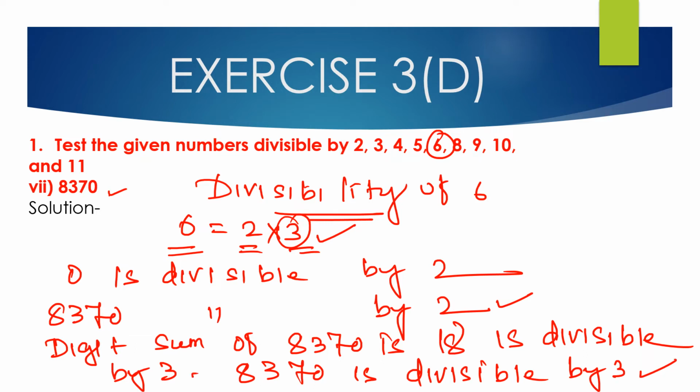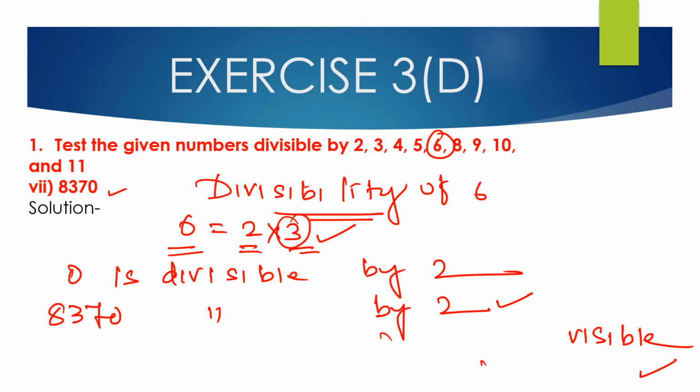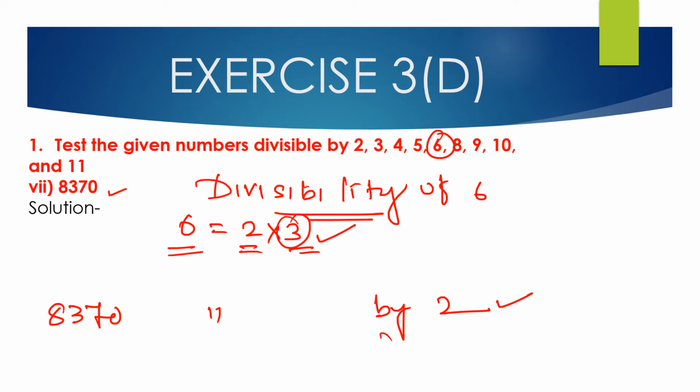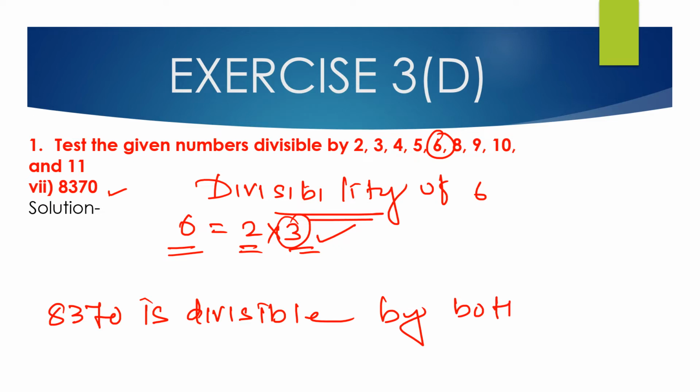Now this number 8370 is divisible by both 2 and 3. 8370 is divisible by 2 because the last digit is 0, which is divisible by 2, and the sum of digits is 18. 18 is divisible by 3, so this number is divisible by 3.